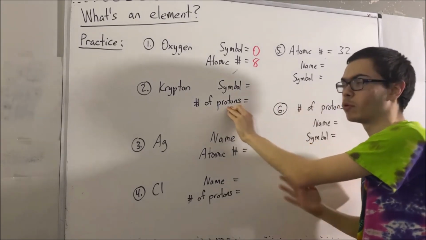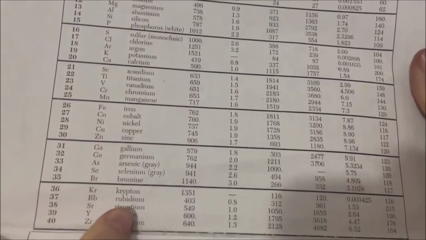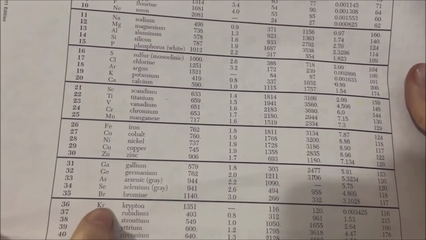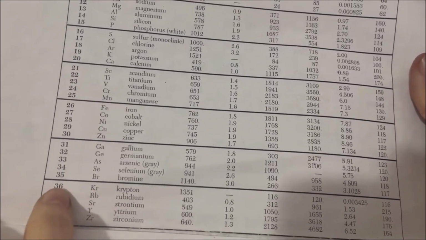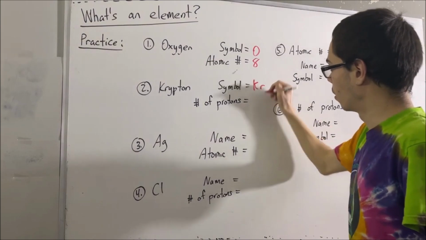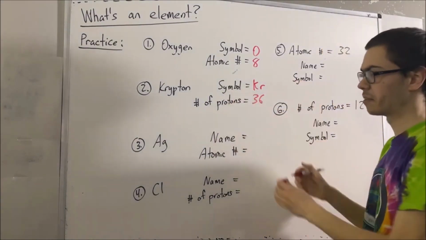So let's go to table S and look for krypton. So going to table S, we see that krypton is right there. And if we read off the symbol, we see that the symbol is Kr, and the atomic number is 36. So the symbol is Kr, and the number of protons is 36. And so that's it.